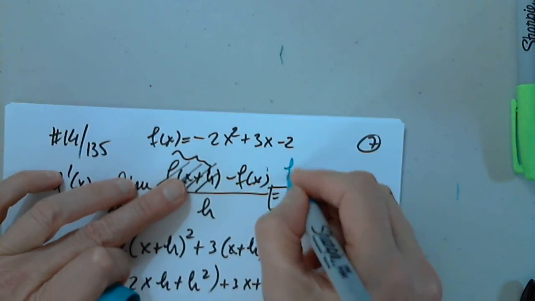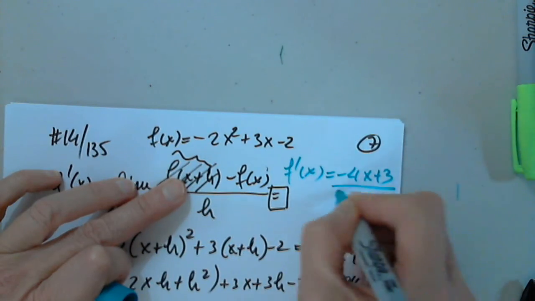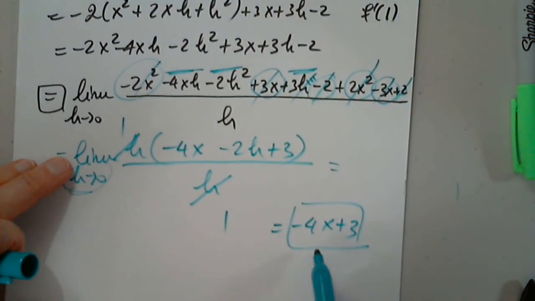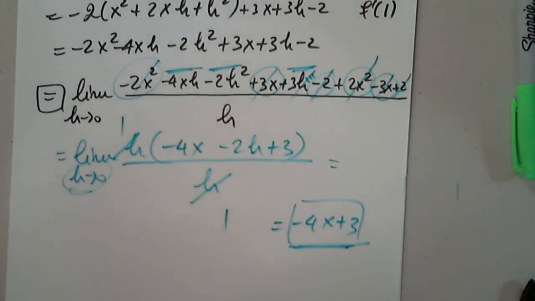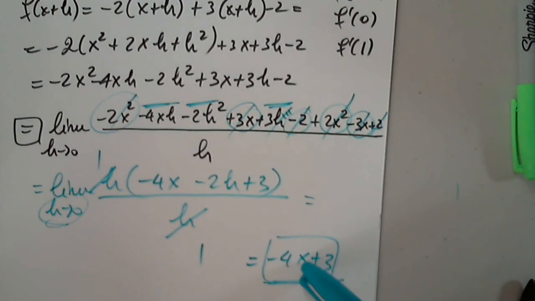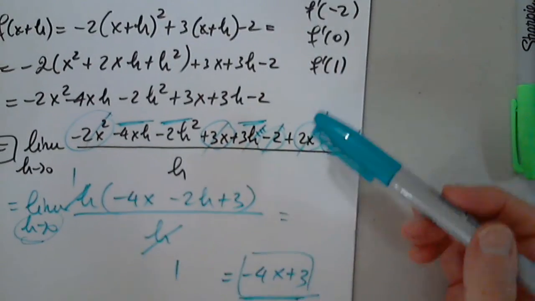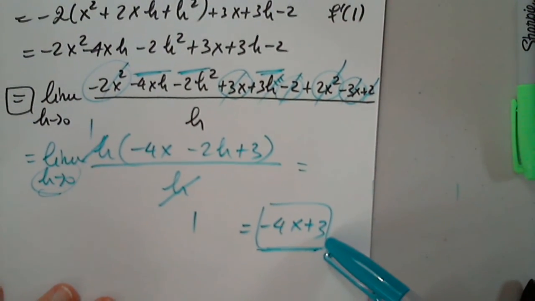You should always determine this with formulas now, right? So negative 4x plus 3. I know exactly what I need to obtain. If I don't obtain negative 4x plus 3, I know I'm in trouble. So now I'm asked to plug in negative 2, and I get 11. Plug in 0, and I get 3. And plug in 1, and I get negative 1.